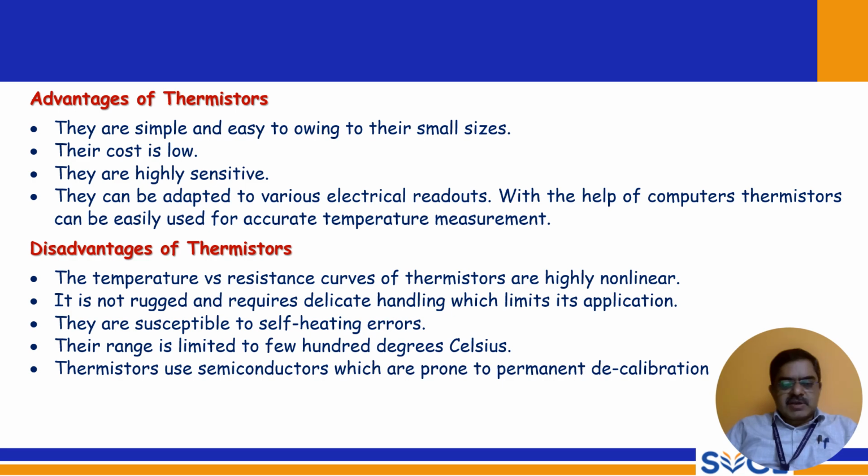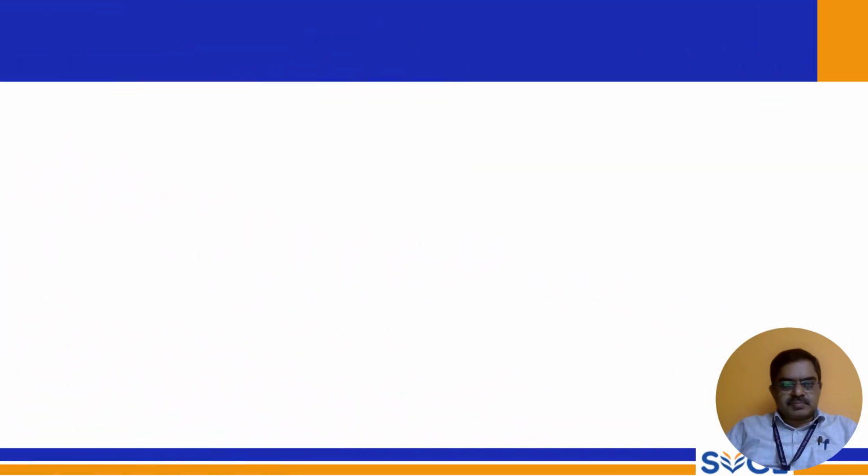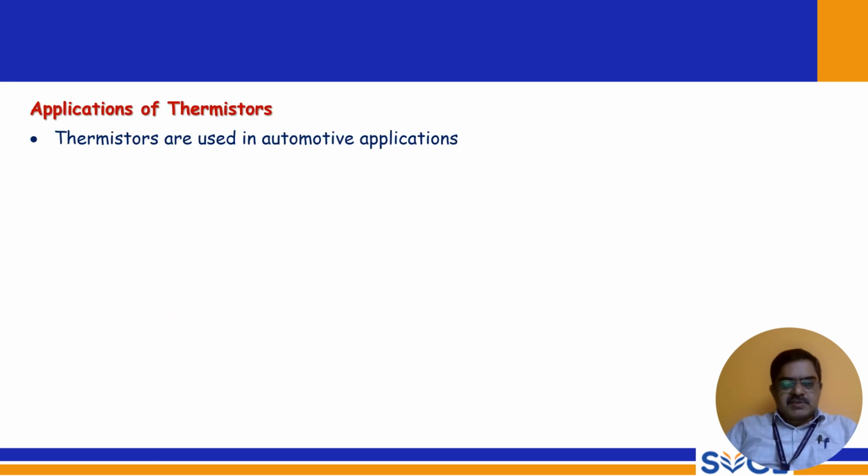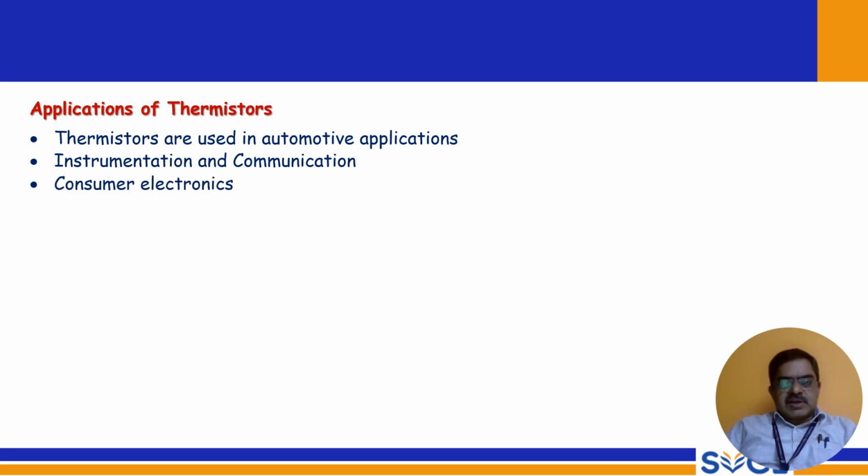Thermistors use semiconductors which are prone to permanent decalibration. Applications of thermistors: they are used in automotive applications, instrumentation and communication, consumer electronics, food handling and processing, defense and aerospace.